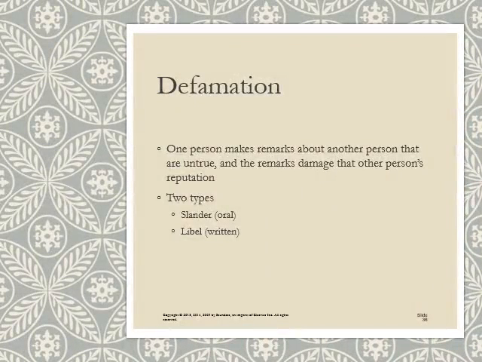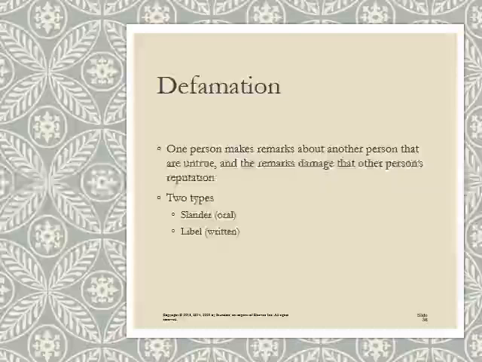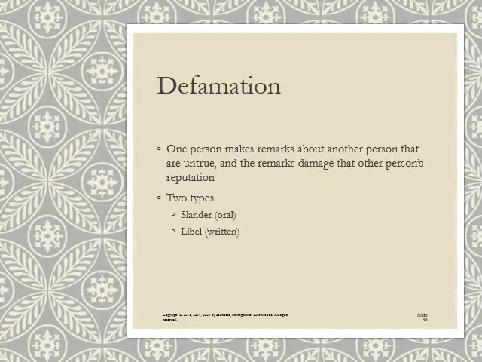Defamation is when one person makes remarks about another person that are untrue, and that remark may actually damage the other person's reputation. There are two types of defamation. One type is slander, which is oral, and the other type is libel, which is done in written format.